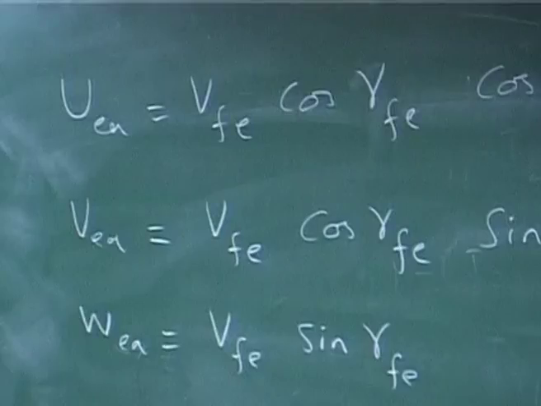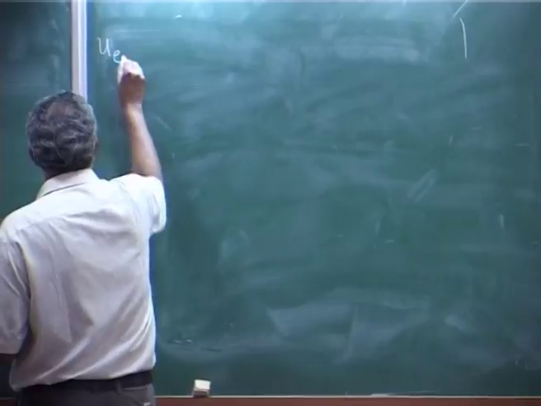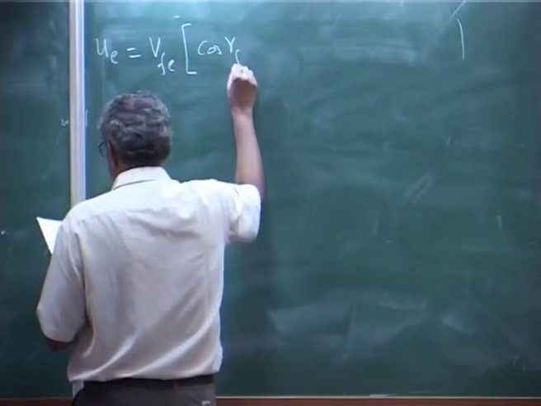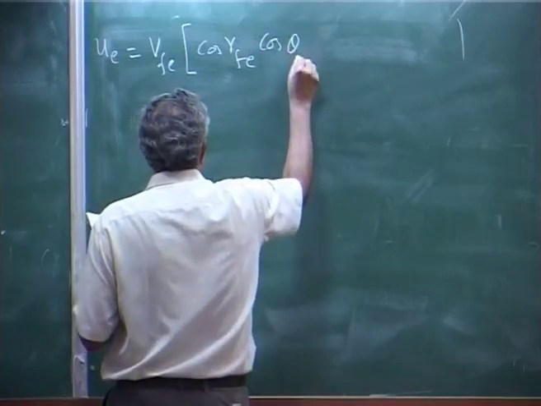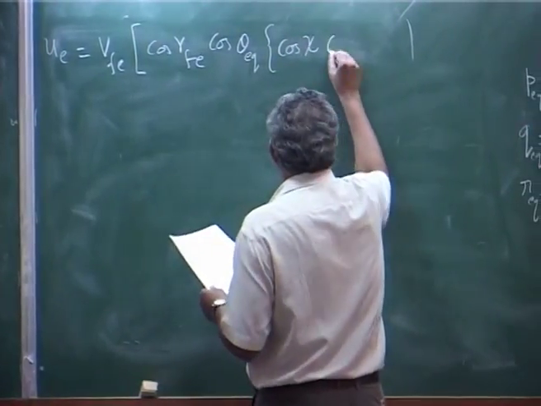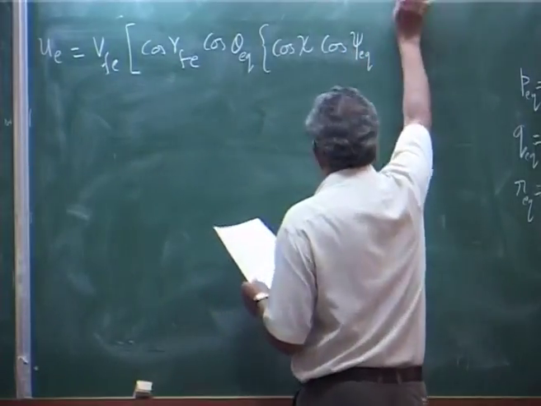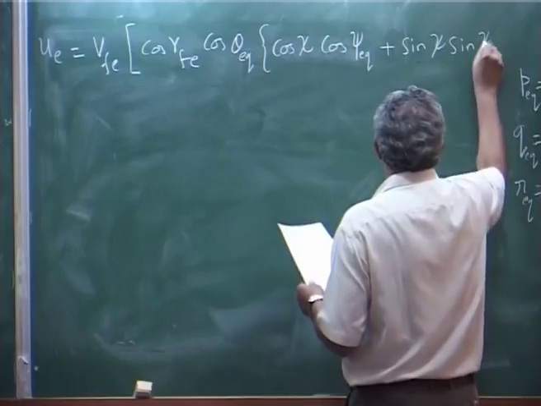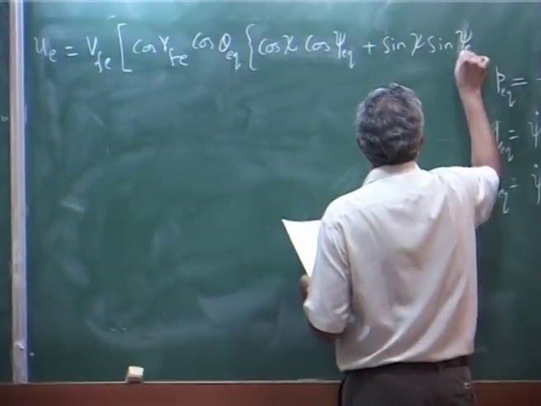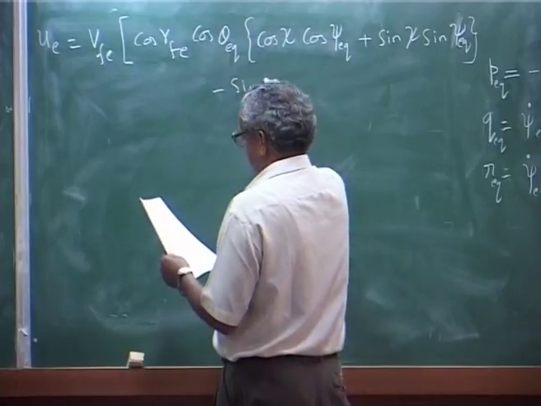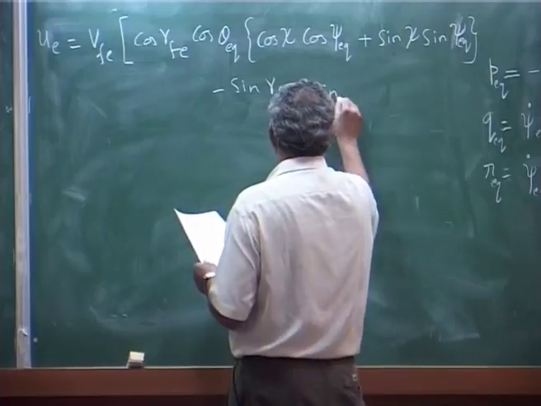When you do that, I will write it for one quantity, UE is VFE cosine gamma FE cosine theta equilibrium, cosine chi cosine psi equilibrium plus sin chi sin psi equilibrium, minus sin gamma FE sin theta equilibrium.